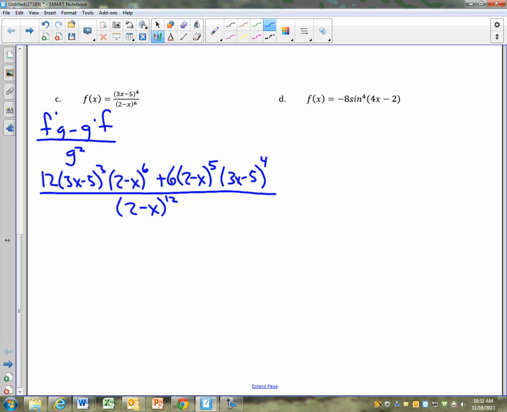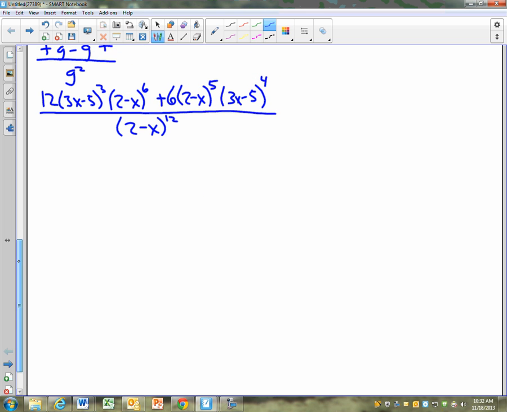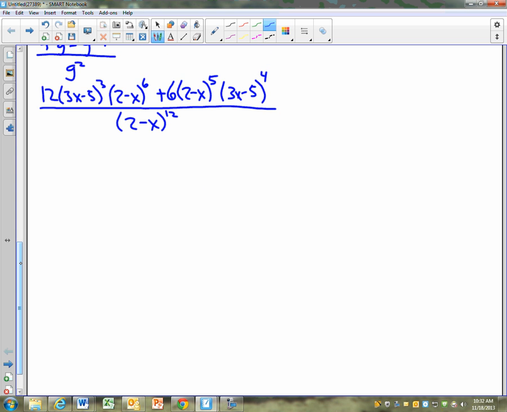So we'll see if everybody sees what's happening here. Can you see the common factor that is shared in the numerator as well as the denominator? 2 minus x. So you're going to see a nice little trick here. This works out really well. I'm going to suggest that between 12 and 6, we take out a 6, just out of the top.